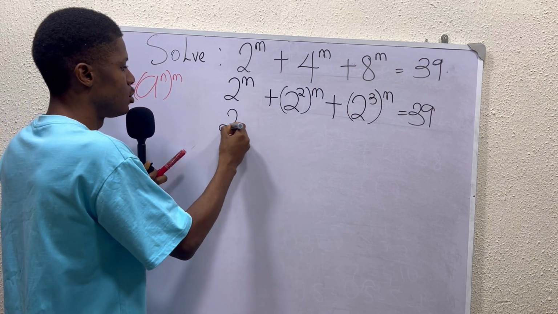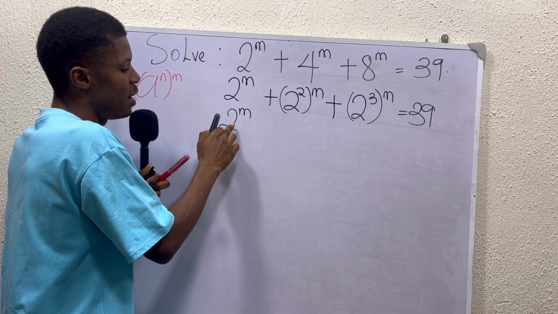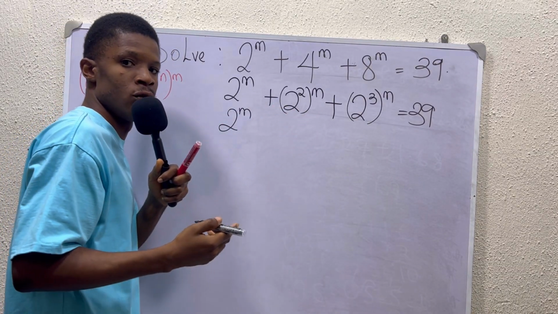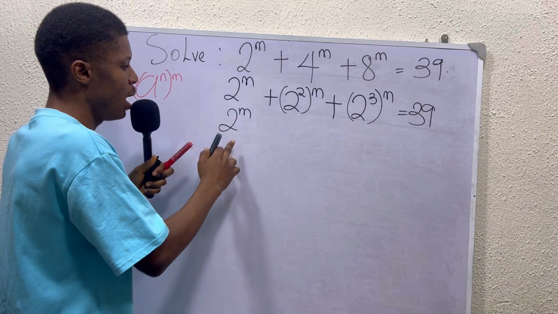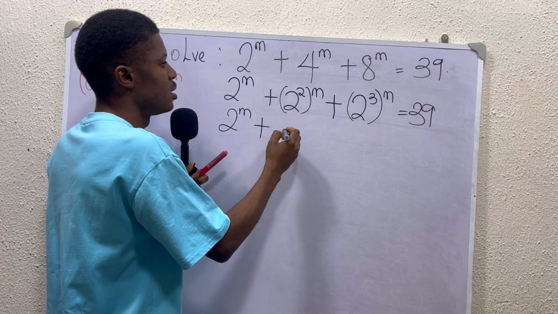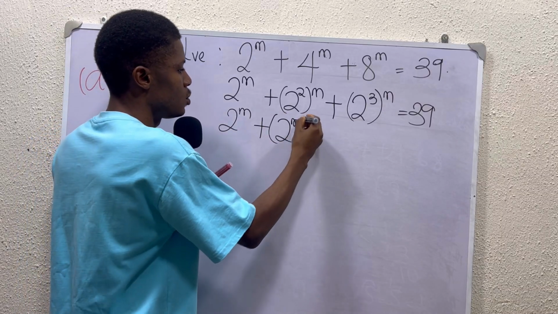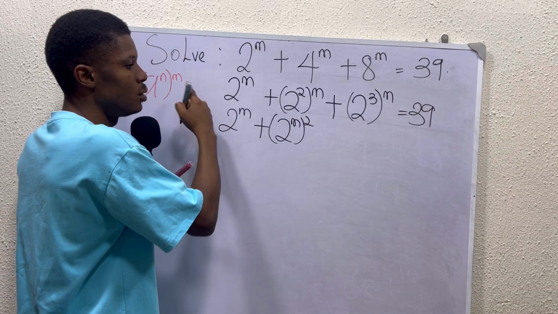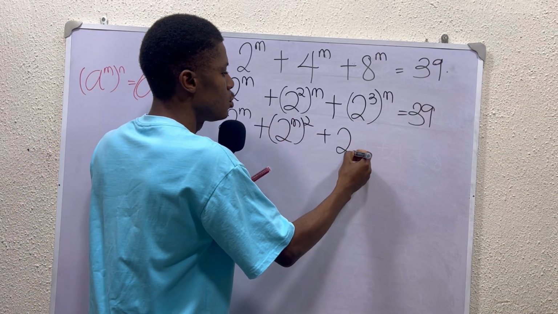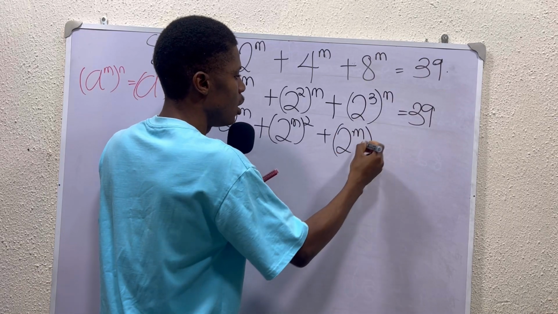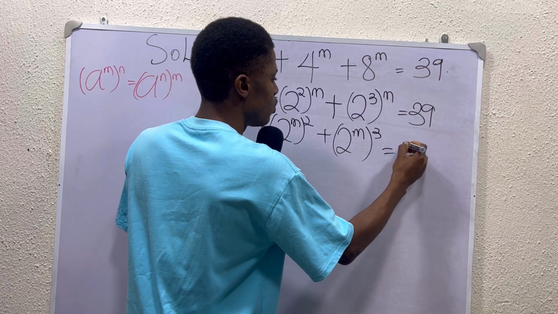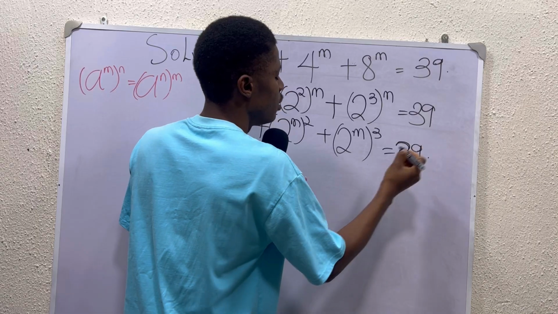We'll now write 2 power m. We need every term here to be in terms of 2 power m. So we have 2 power m plus 2 power m, we apply this law, then all squared, bringing out the 2, then plus 2 power m, then all cubed, and that equals 39. Okay?